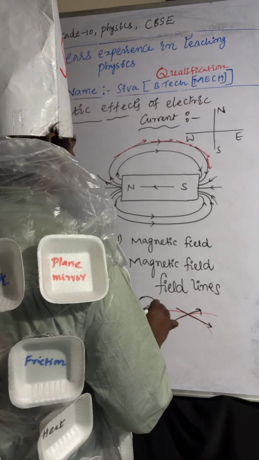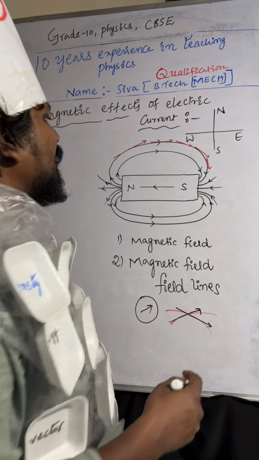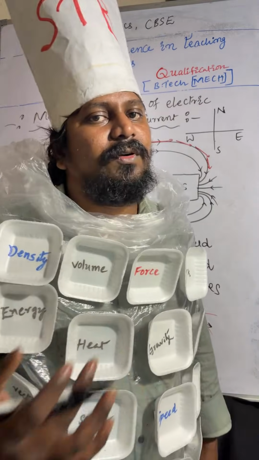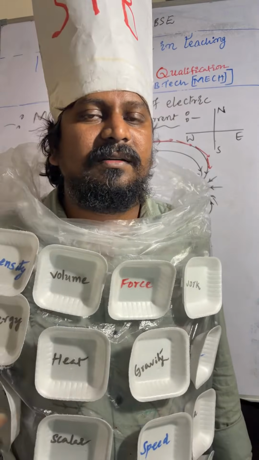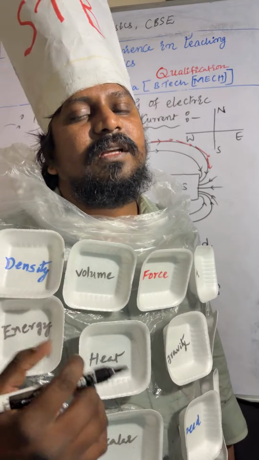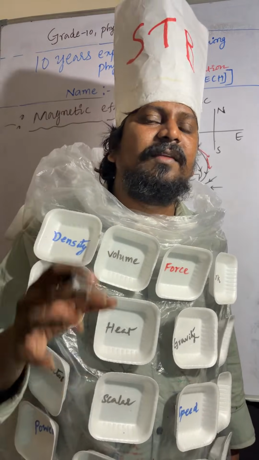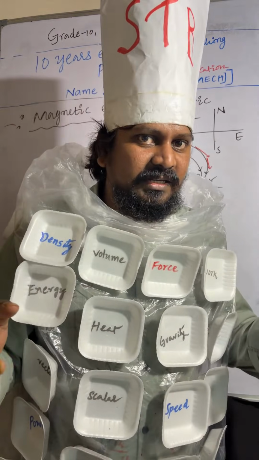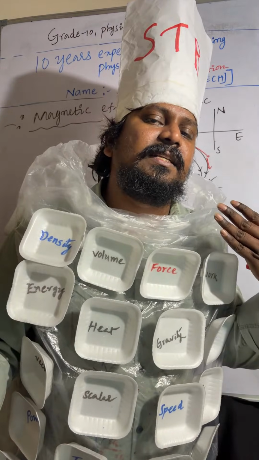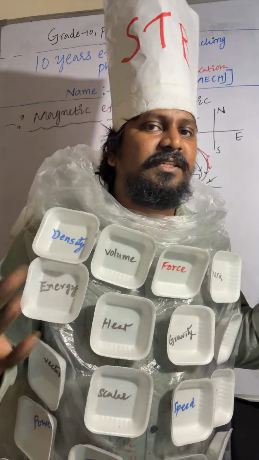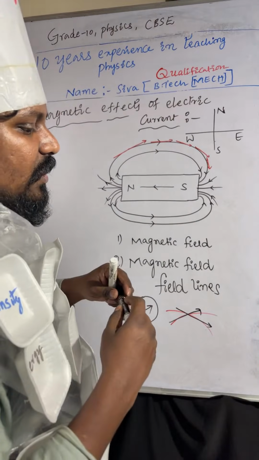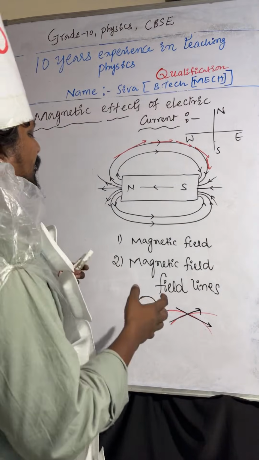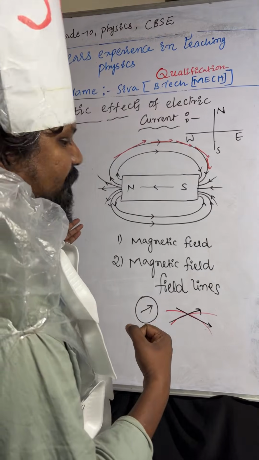It is not at all possible. The compass will show only one direction at a time. If these field lines intersect, the compass should show two directions, which is not possible. Understood? So that is about magnetic field lines and magnetic field.